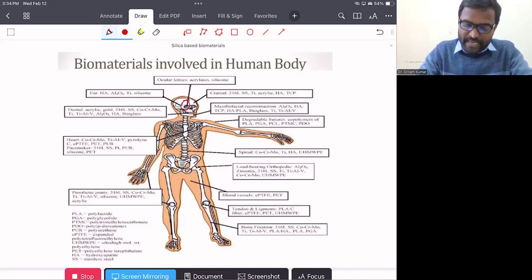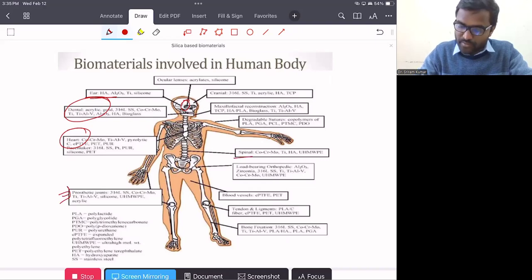Biomaterials can be used in the ear, and also in the dental implant. This kind of material has applications in cardiovascular disease, maybe the artificial heart, prosthetic joints, and the spine.